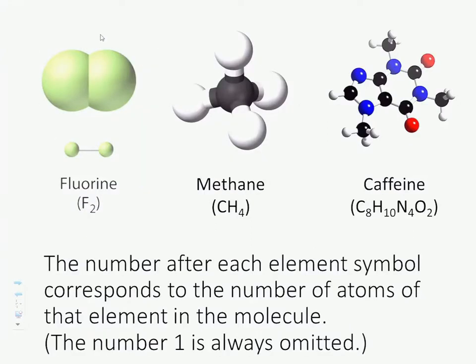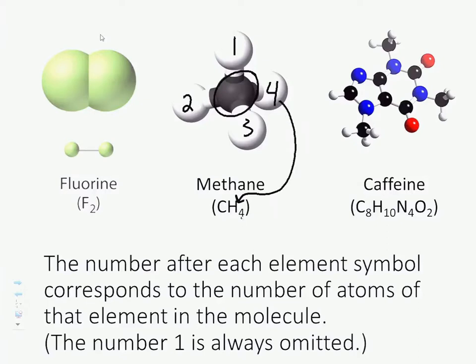So let's look at some of these molecules that you see up here. The way that you write molecules is with a molecular formula. So fluorine, F2. What that means is you have 2 F atoms together. Whereas methane, you have 1 carbon, shown here in the middle, joined to 1, 2, 3, 4 hydrogens.